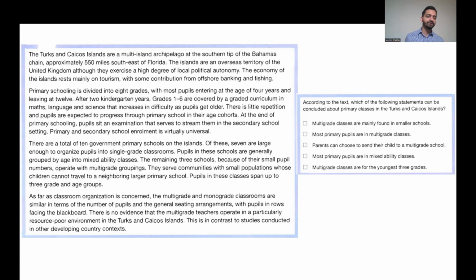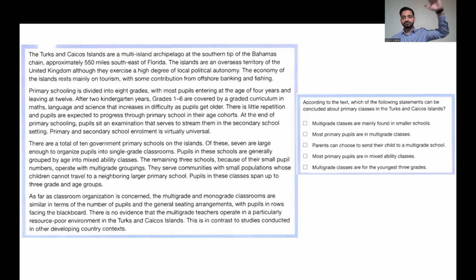That's what I understand. As far as classroom organization is concerned, the multi-grade and monograde classes are similar in terms of the number of pupils and the general seating arrangements, with pupils in rows facing the blackboard. There is no evidence that the multi-grade teachers operate in a particularly poor environment in the Turks and Caicos Islands. This is in contrast to studies conducted in other developing country contexts.